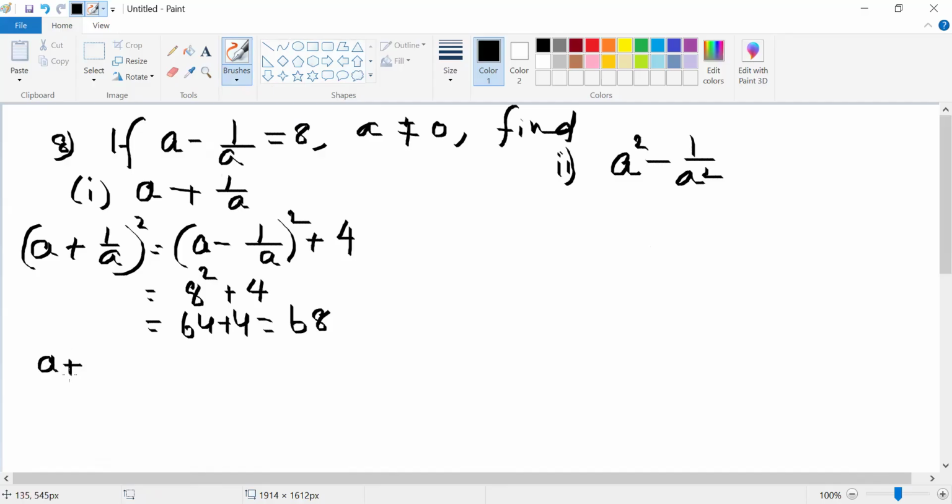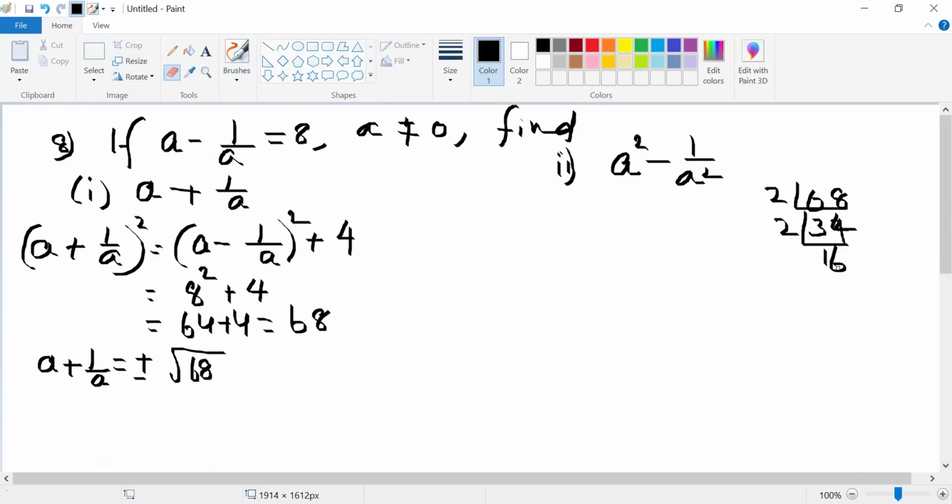So a plus 1 by a will be what? Plus or minus root of 68. 68, is it possible to write as the product of any square number? It is possible, I think. So let us just prime factorize and check it. 34, then 2, 17.